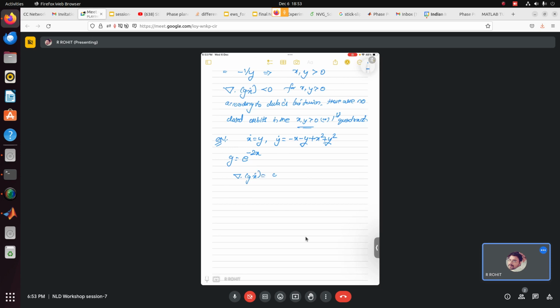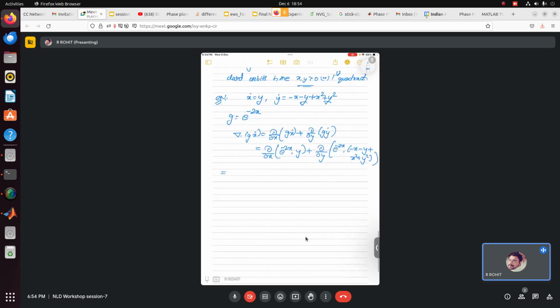∇·(g ẋ) is nothing but ∂/∂x of (g ẋ) plus ∂/∂y of (g ẏ). So this is nothing but ∂/∂x of e to the power minus 2x times y, plus ∂/∂y of e to the power minus 2x times (minus x minus y plus x square plus y square).